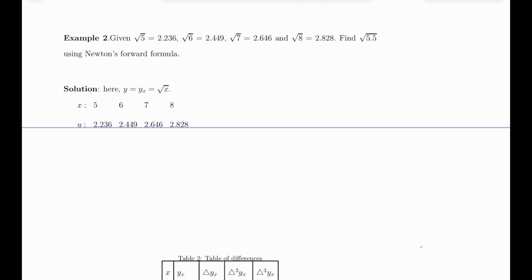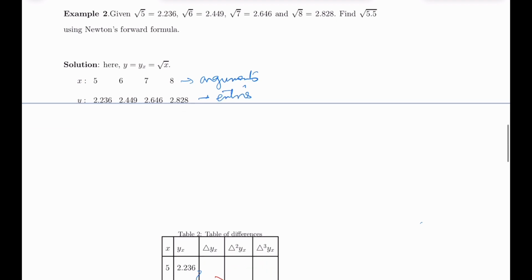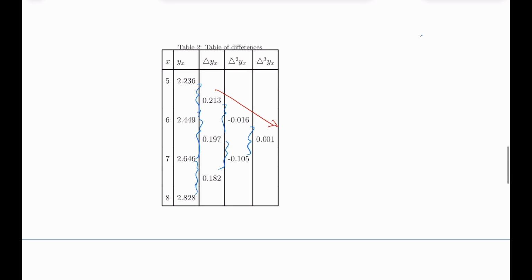You see here, these are the arguments and this is root over x. So x is 5, 6, 7 and 8. These are given. These are the arguments and these are the entries. So prepare the difference table.